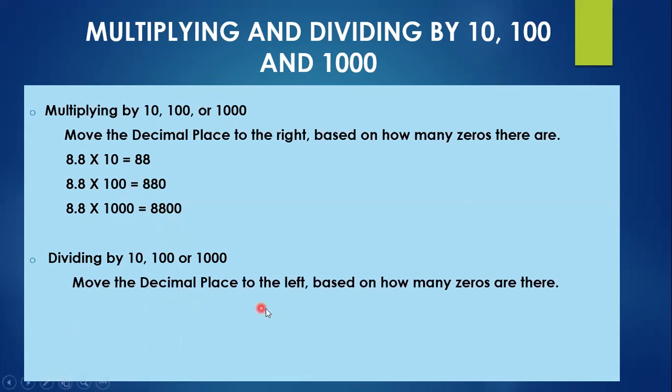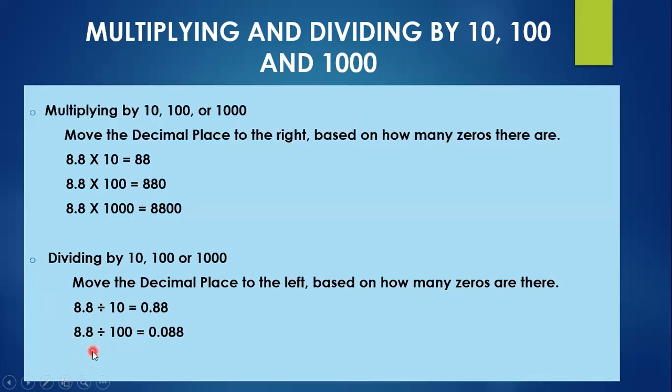In division, move the decimal place to the left based on how many zeros there are. Suppose you have 8.8 divided by 10. We have to move towards the left, and 10 has one 0, so we move one place. You will get the answer 0.88.